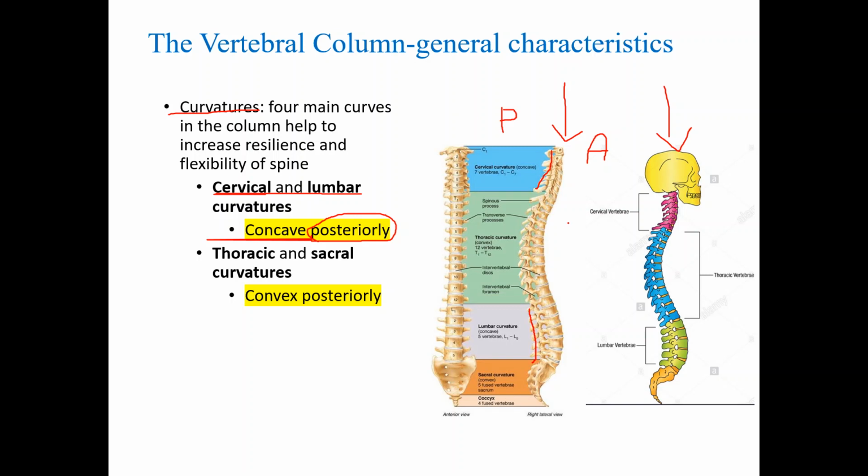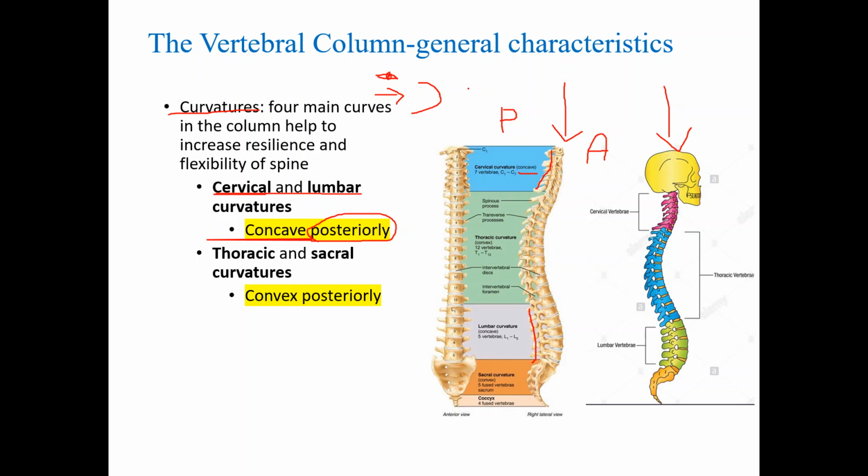If I am looking from a posterior point of view, the cervical and the lumbar curvatures are concave. Something concave is something that goes this way, right? If this is my point of view, this is concave.